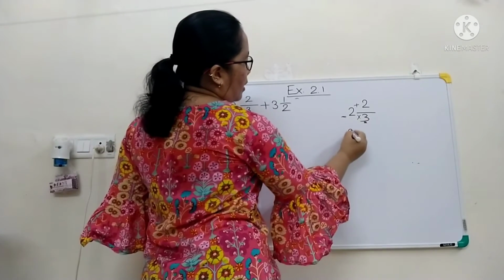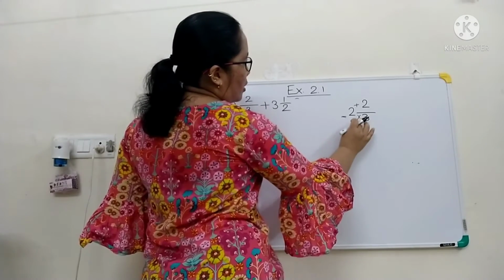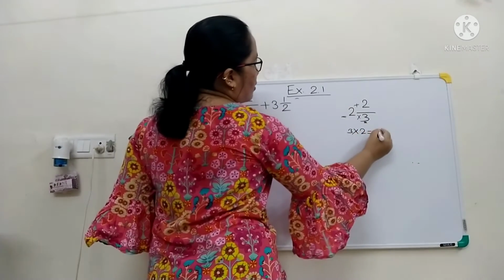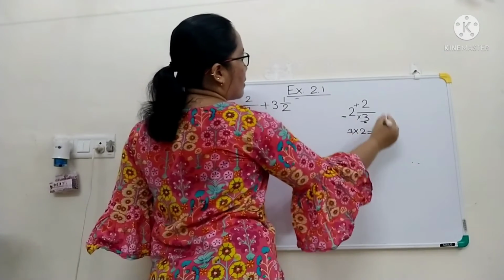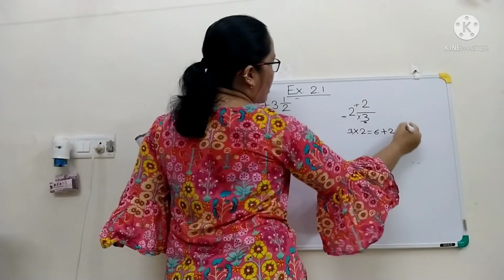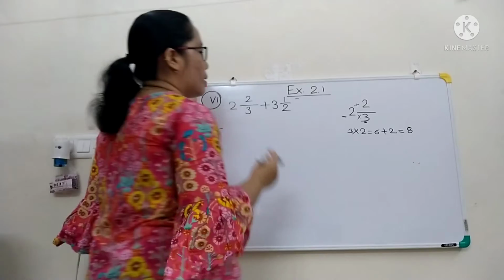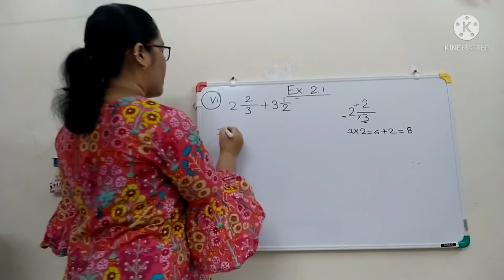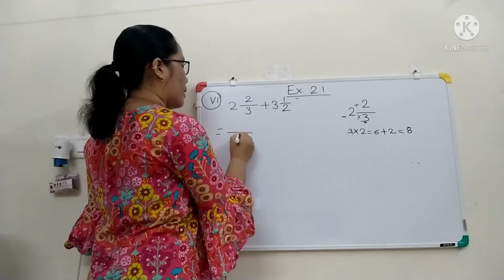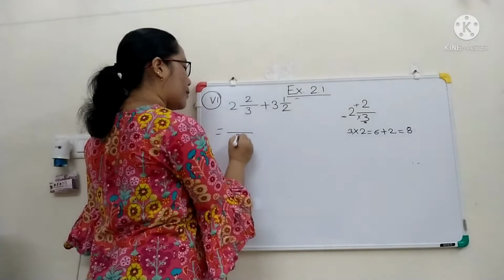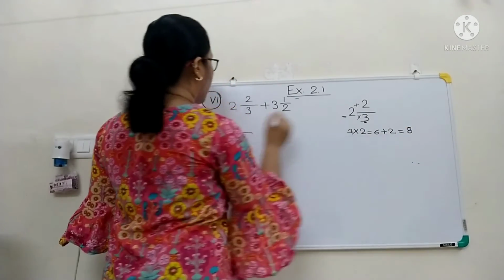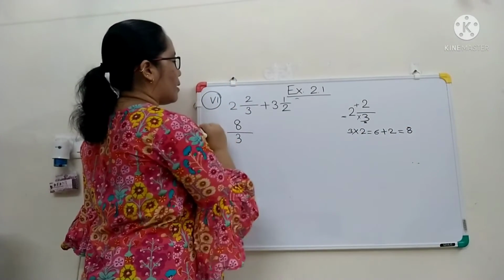So 3, the denominator, multiplied by this whole number is equal to 6, and plus 2, that is the numerator, we get 8. So now in place of this form we will keep the denominator same and we will write here 8.